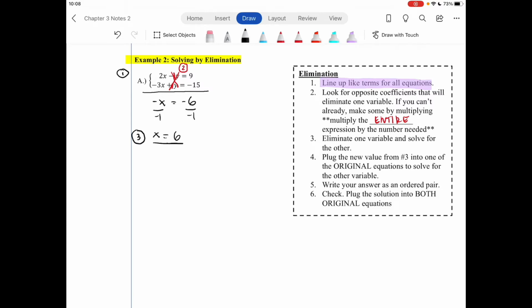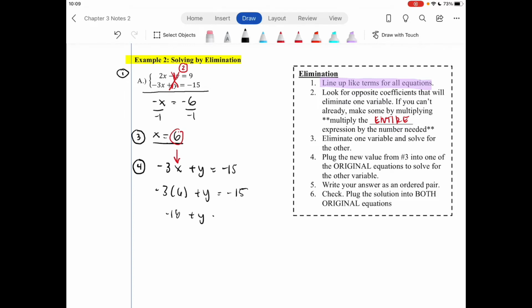From here, it's just like what we did with substitution. We need to plug our solution back into an equation to find the other variable. Let's plug into that second equation. So we have negative 3x plus y equals negative 15. We can replace the x with its solution, 6. So negative 3 times 6 plus y equals negative 15.